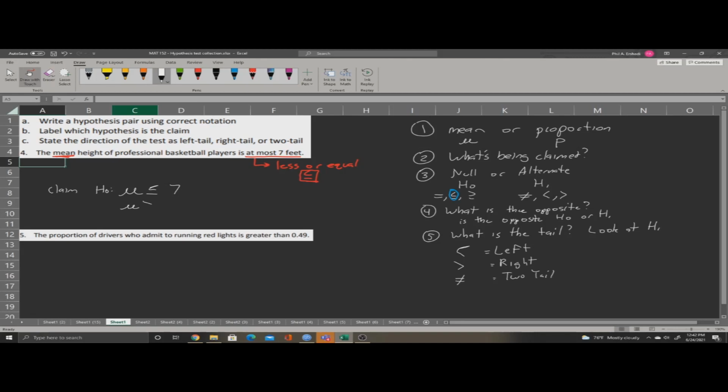We'll use the same symbol, we'll use the same number, but change the symbol to greater. Now, we ask ourselves, is this null or alternate? Since we've already used null, this must be alternate. Now, is this left tail, right tail, or two tail? Since our alternate is greater than, that means this is right tail.